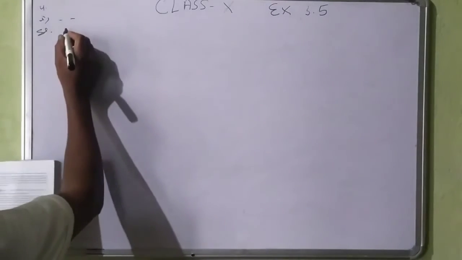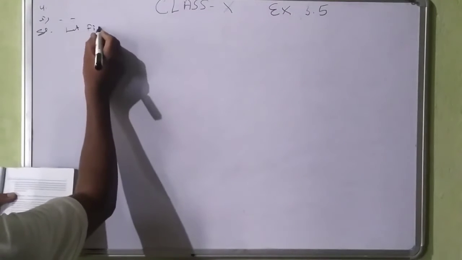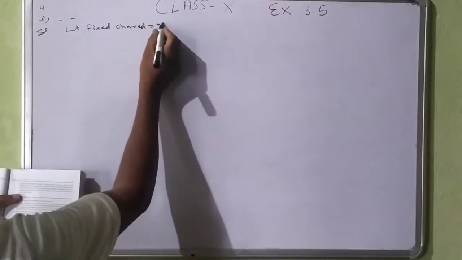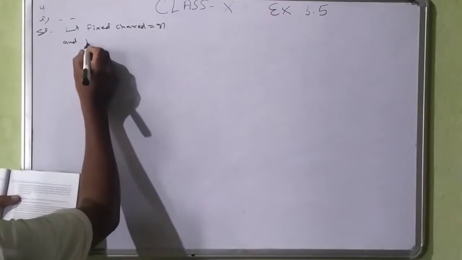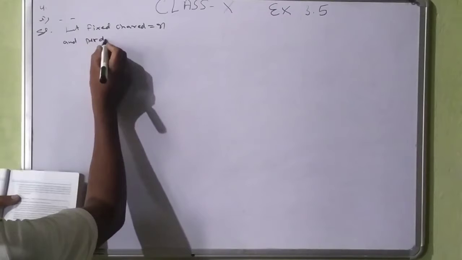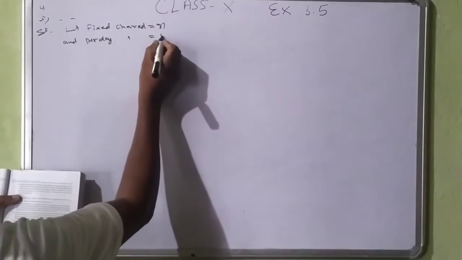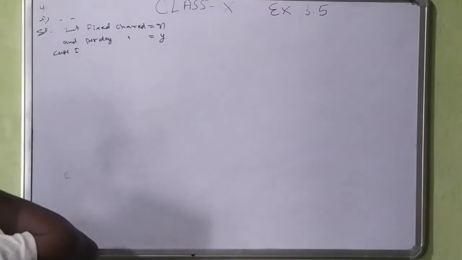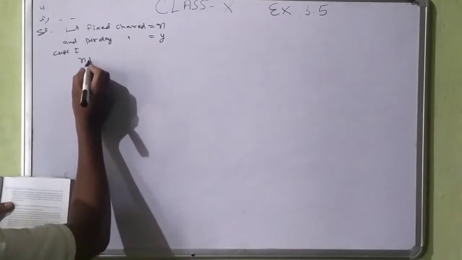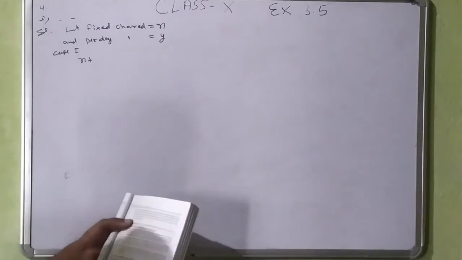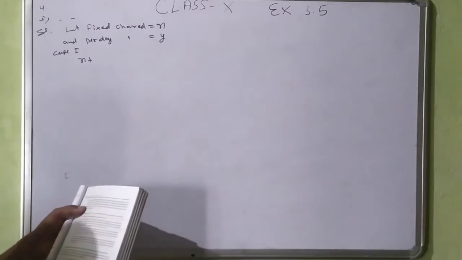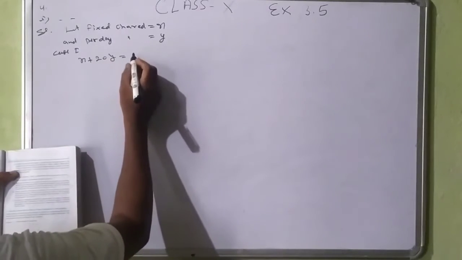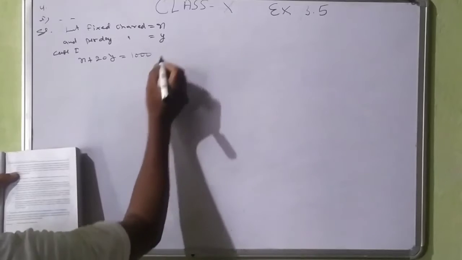So let the fixed charge be x and the per day charge be y. Case first: x plus, fixed charge is x, and in case first 20 days means 20y, is equal to the cost, which is 1000.